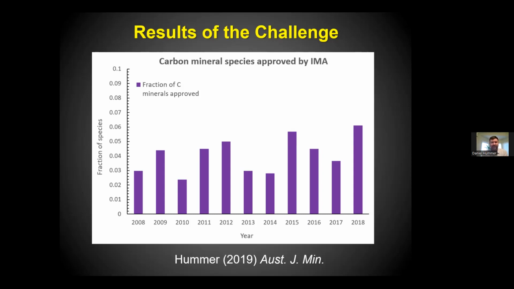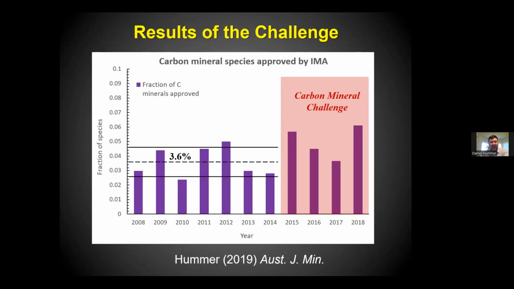So here is a graph of them, and the years of the challenge are shown right here, and then I'm showing many preceding years just so that we can compare. And I did just a brief analysis. It doesn't look from the graph like it's all that dramatic of a change in the number of carbon minerals that were found, but of course we had some extra people working on it.